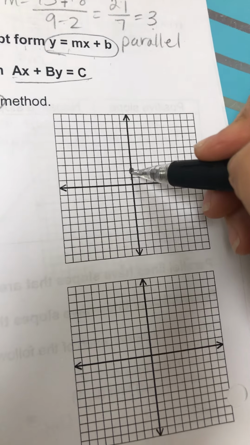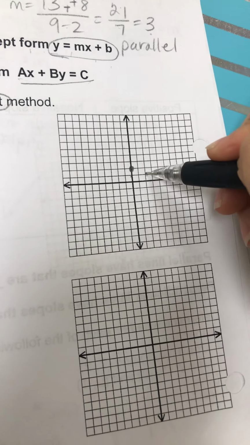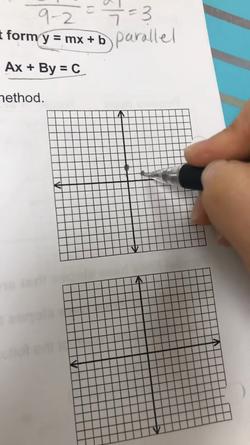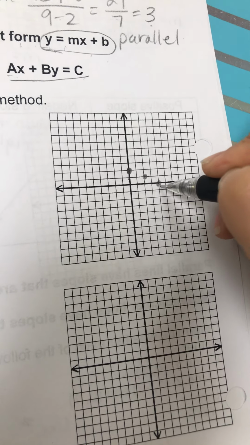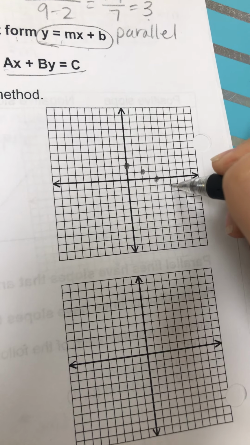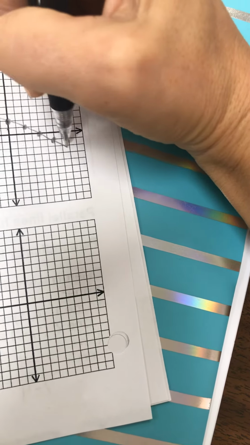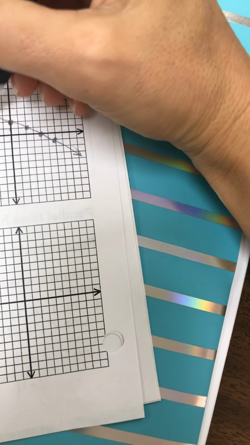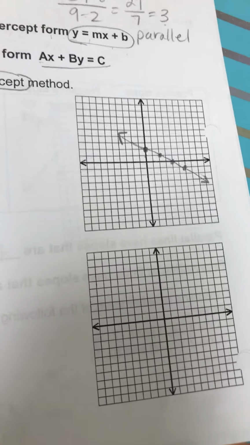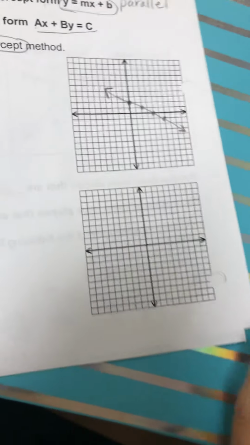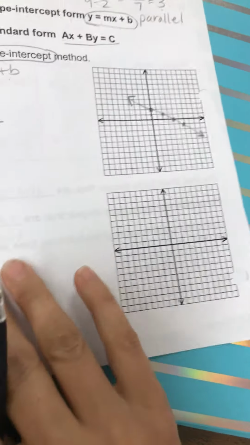So you're going to go down 1 over 2, down 1 and to the right 2. Down 1 and to the right 2. Okay? And now you're going to make your line look something like this, and make sure you put your arrows on the end. Okay? So now we graphed our line using our slope-intercept form.